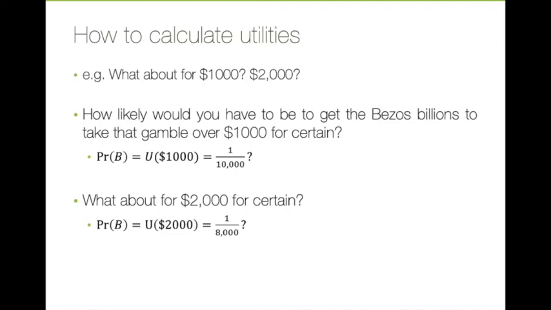So I think maybe I would be willing to take either the gamble or the $2,000 if I had like a 1 in 8,000 chance of getting Jeff Bezos' money. Again, if you think you have different values for each of these, you should write your own probabilities and utilities down.